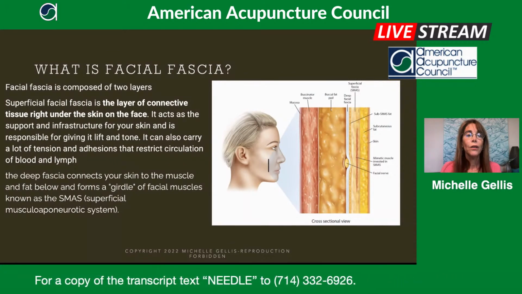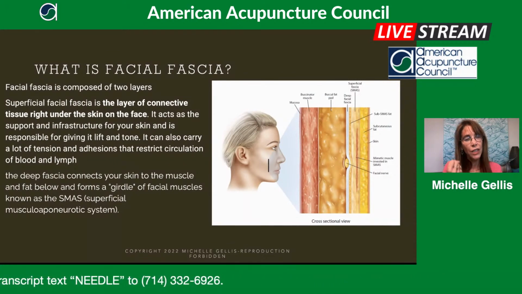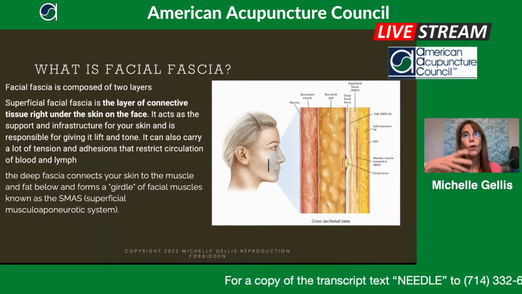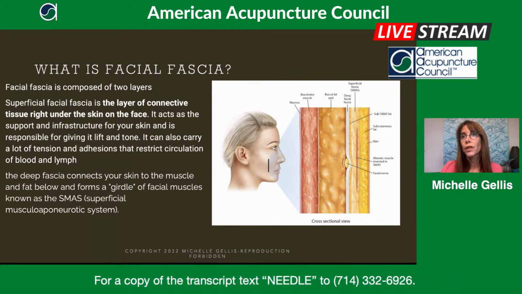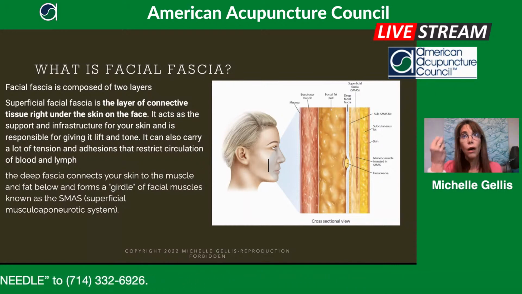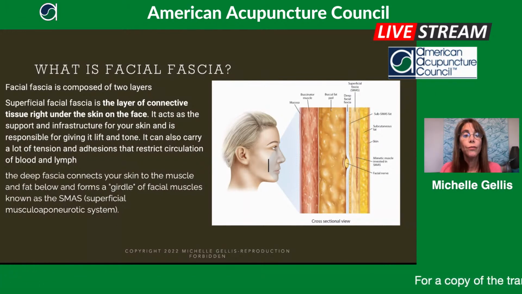And it also can carry a lot of tension in it and restrict circulation to the face. So things can get trapped, whether it's lymphatic fluid or blood, and even some of the superficial nerves.